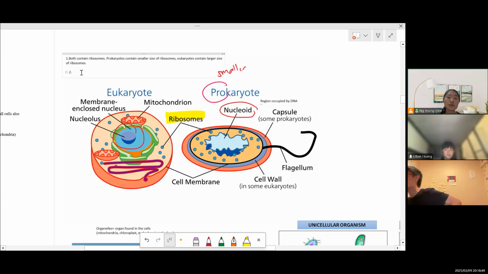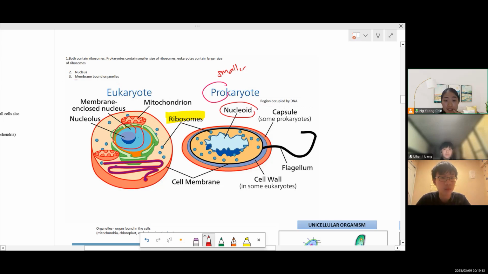And also in the eukaryote, besides the nucleus, there are membrane-bound organelles. Organelle refers to the organs that are found inside the cell.